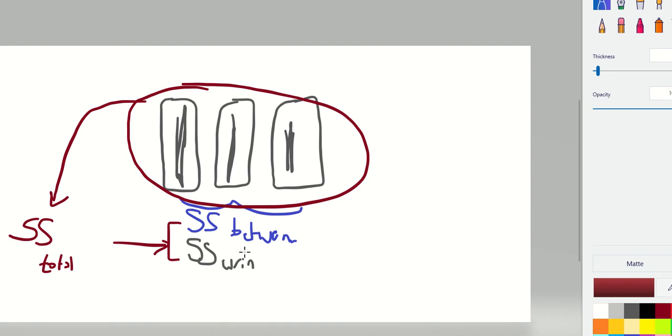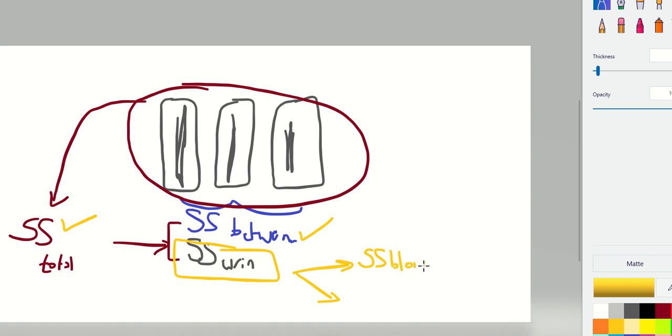So what we're going to do here is very similar. The sum of square between is still the same, it's not changing. Only the within, we're going to work on so that it gets split into 2 sources. One is going to be the sum of square blocks, meaning the pairs, meaning individuals, and the other one is the sum of square of whatever is left out, so we call it the residual sum of square.